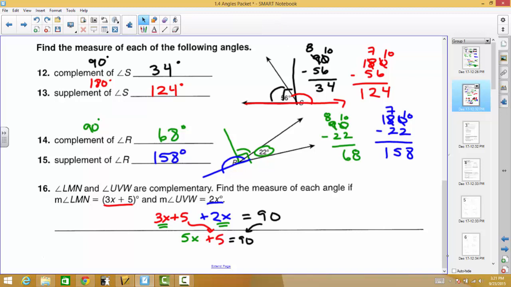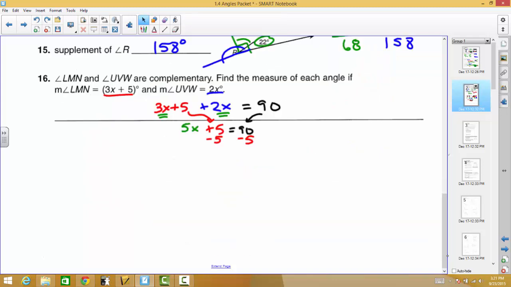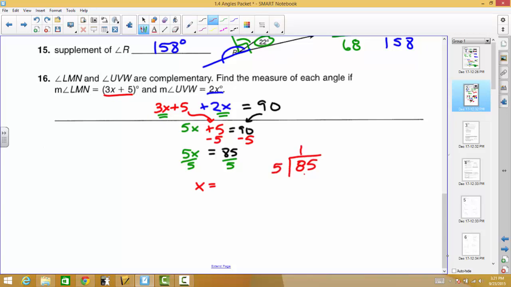So we want to get all of our numbers on one side, all of the letters on the other. So this 5x wants to be alone. We're going to take away 5. So that means 5x is left on the left. And on the right, we have 85. And then you would divide by 5. So x is, let's just do this on the side here. 5 goes into 8 once.